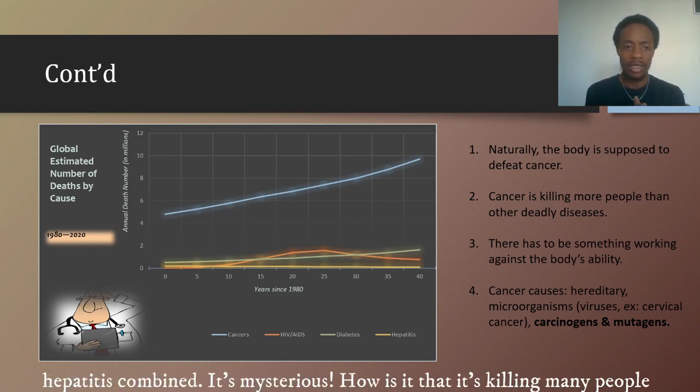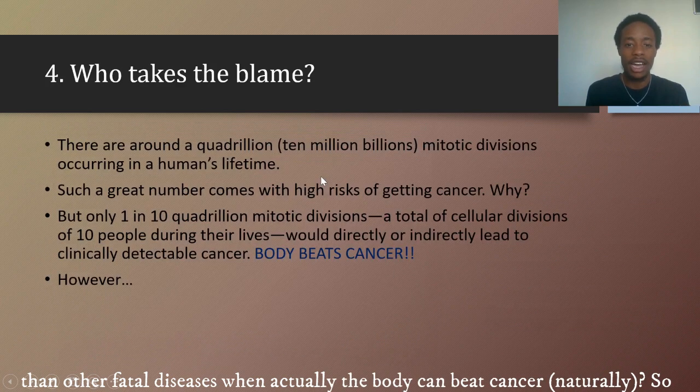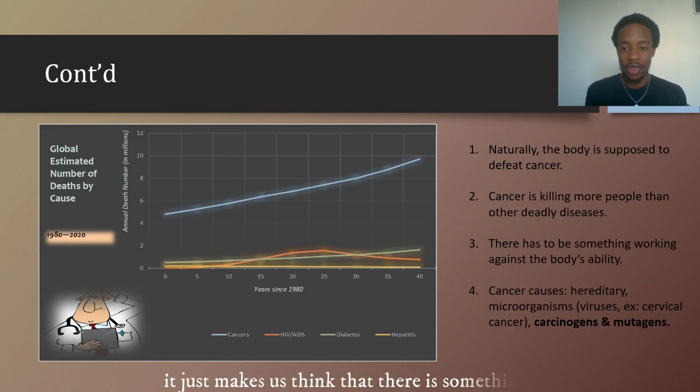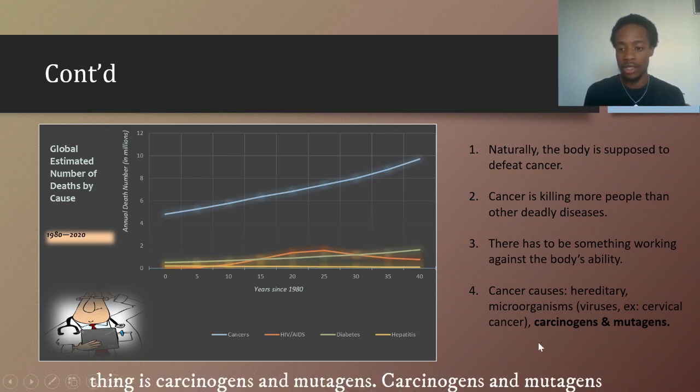How is it killing more people than other fatal diseases when actually the body can beat cancer naturally? So it makes us think that there is something acting in opposition to the body's ability to resist cancer. And that same thing is carcinogens and mutagens.